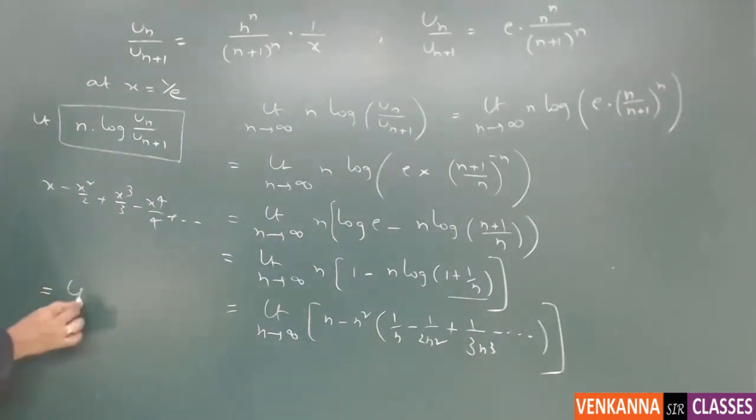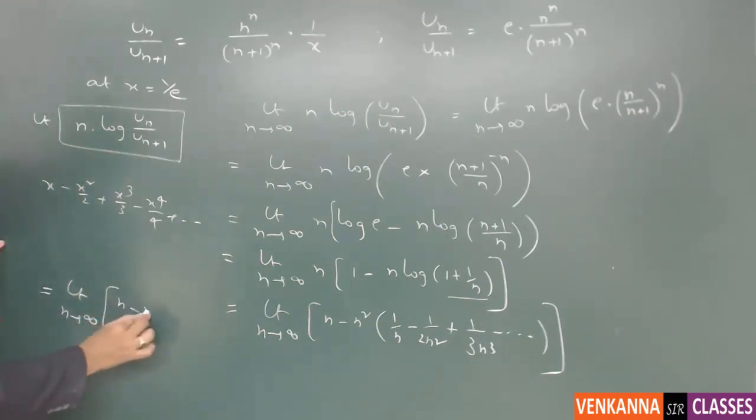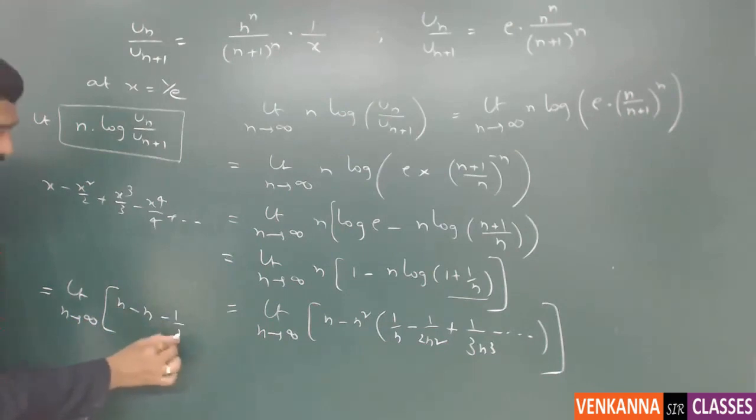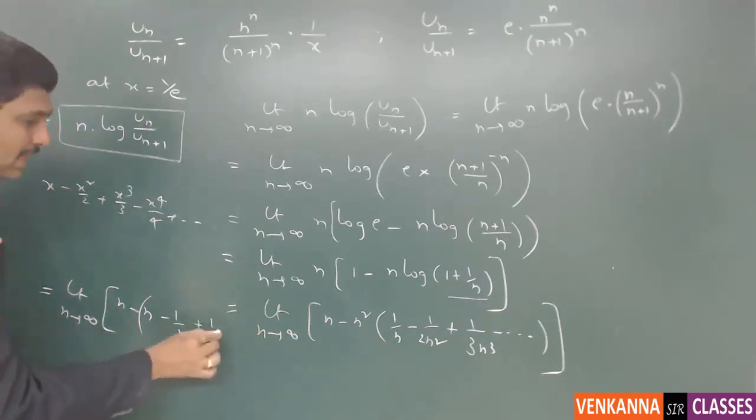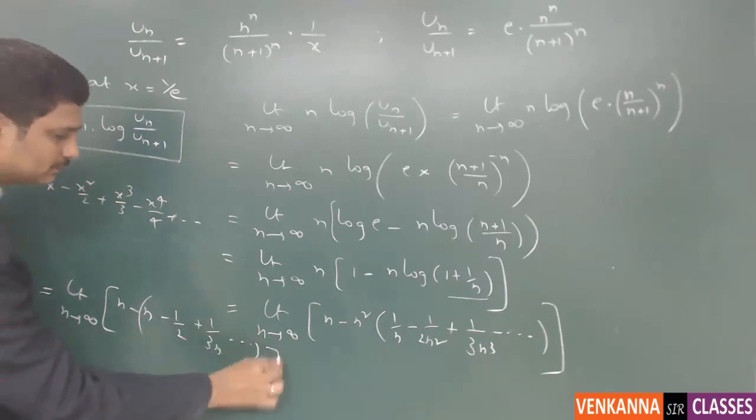So this is equal to limit n tends to infinity of n minus n into (1 minus 1 by 2 plus 1 by 3n), so on.